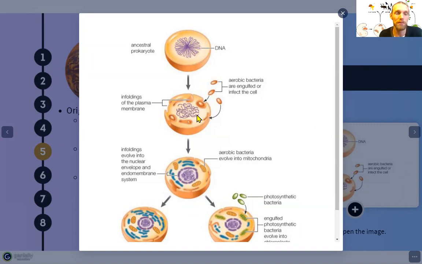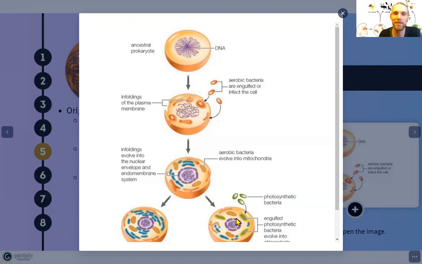You know, it's possible that they started to work together, and that this symbiosis, the fusion of the two, gave rise to a more complex cell, basically the early eukaryotic cell. And then in another stage, it could be that another bacteria infected the cell, and it was a photosynthetic bacteria.